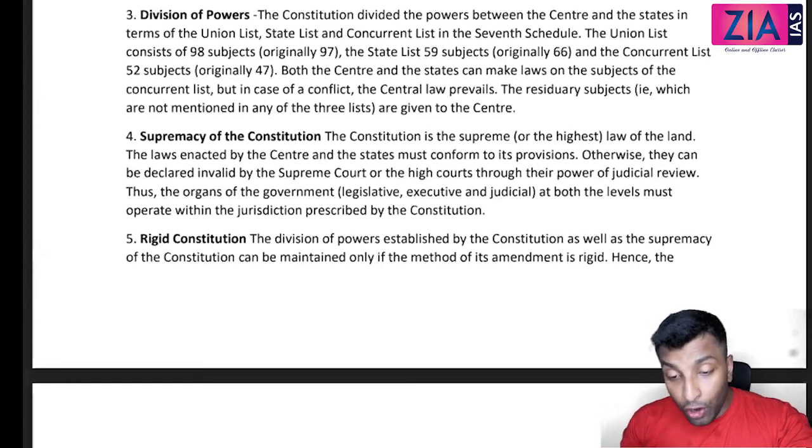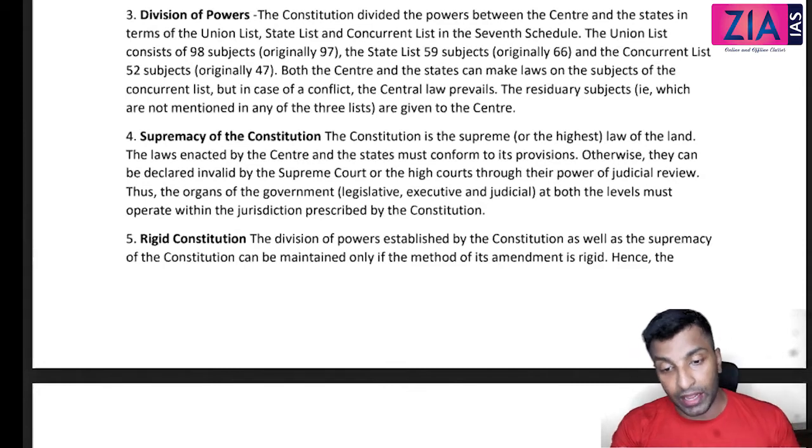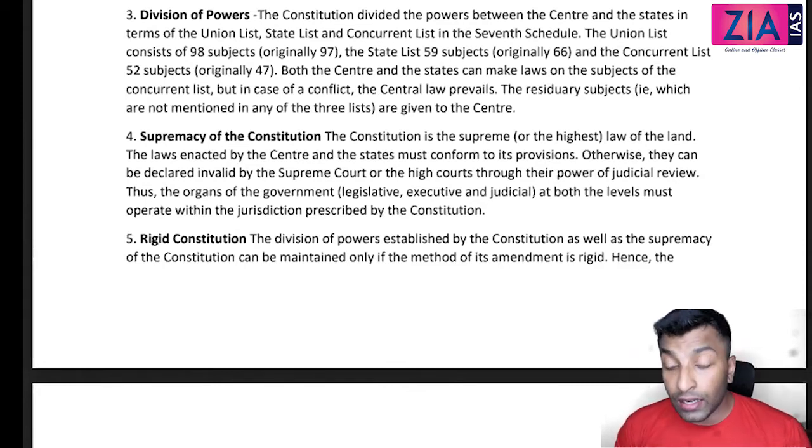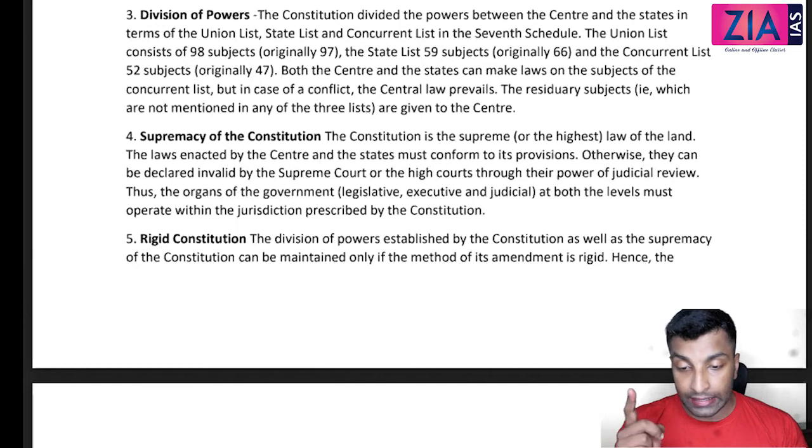Secondly, not only more in the union list, the most important items or subjects are also coming in the union list. Now thirdly, if you see the concurrent list also, who's enjoying maximum power? Even though parallelly you can make laws, central law will prevail in case there is any discrepancy. So there also you can say unitary bias.